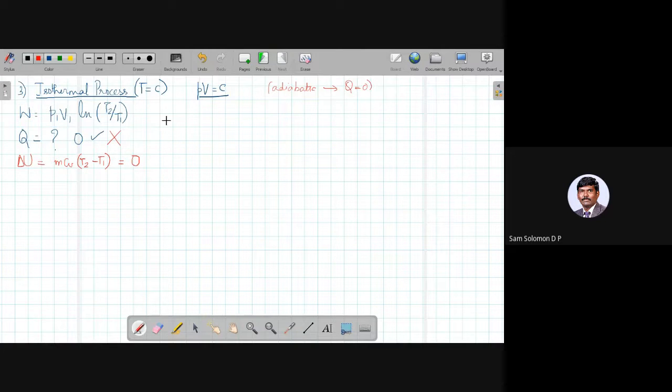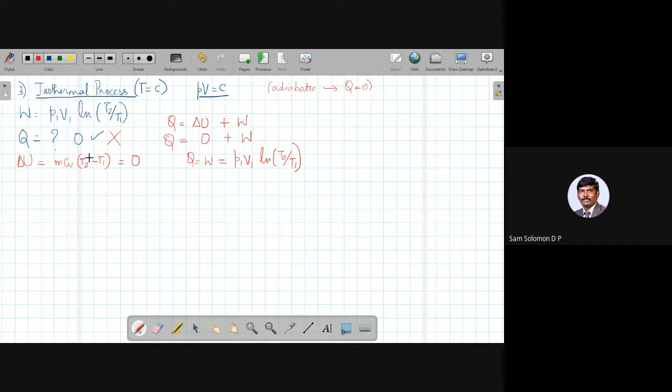Now if you apply the first law of thermodynamics, Q is equal to delta U plus W. So delta U is already 0 and W is not equal to 0, which means your Q should be equal to W. You get it? So when you say Q is equal to 0, then that violates the first law of thermodynamics. So your Q is also equal to P1 V1 times ln of T2 by T1. Do you understand this?